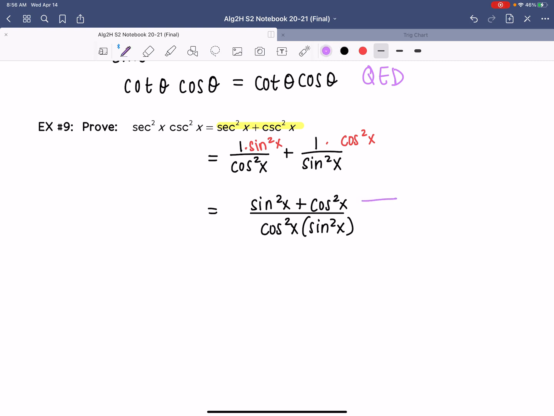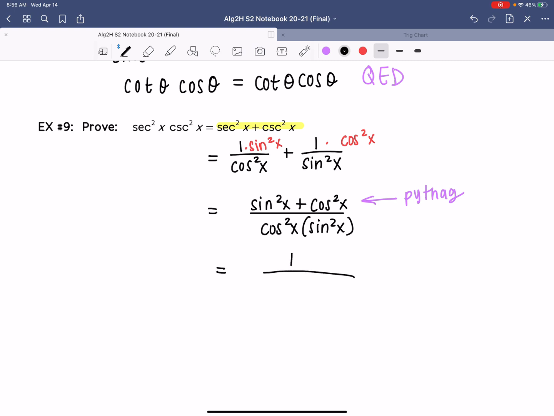This right here is the Pythagorean identity, the most common one, like a squared plus b squared equals c squared. This is sine squared plus cosine squared equals 1. So my numerator is now equal to 1.